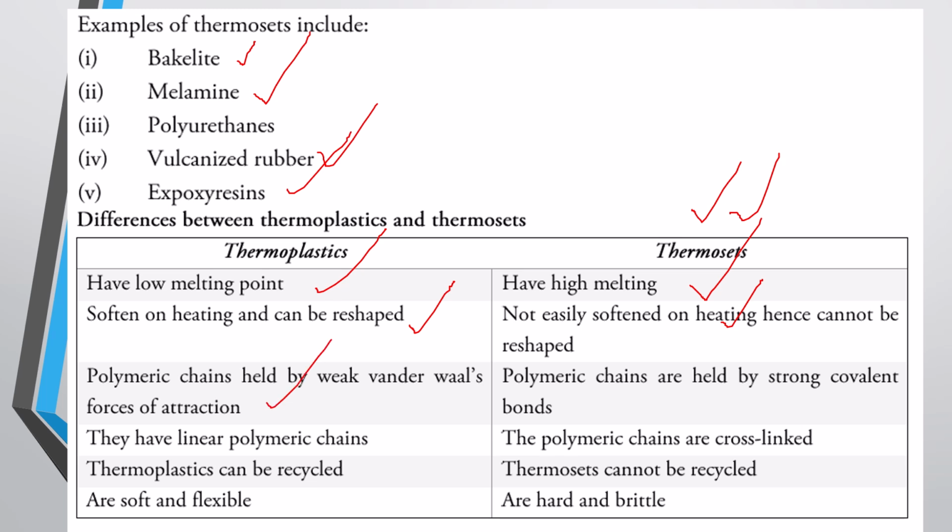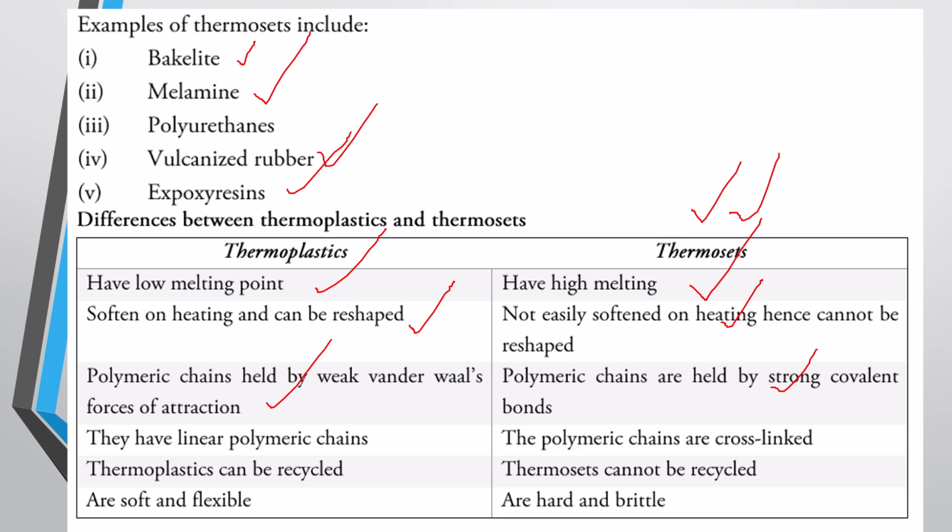These are the forces that enable them to be remolded on slight heating. But thermosets are held by very strong covalent bonds, to the extent that for them to even reach their melting point or boiling point, you have to first heat them at a very high temperature due to the strong covalent bonds holding their monomers.